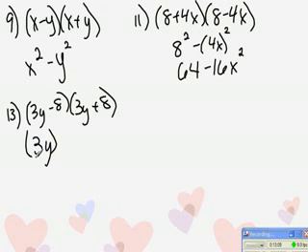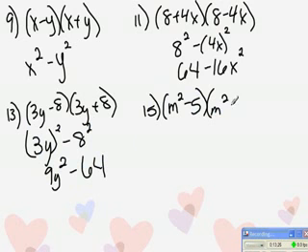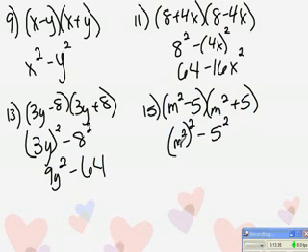So you do the first one squared minus the second one squared. 9y squared minus 64. Number 15, we have m squared minus 5 and m squared plus 5. So it's again the first one, which is already squared, but I'm going to square it again, minus the 5 squared. So m squared squared becomes m to the 4th minus 25.